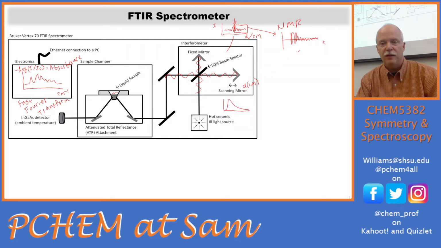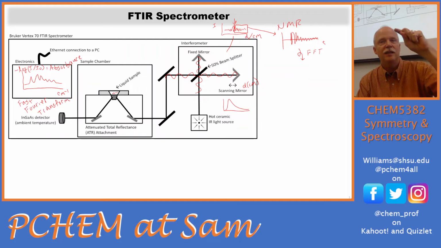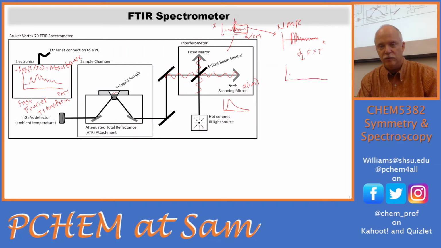And then we do the FFT, the fast Fourier transform, which again inverts that x-axis. So we have intensity now, not in terms of time, but in terms of inverse time, which is frequency. And so we end up with a spectrum versus seconds to the -1, or frequency.